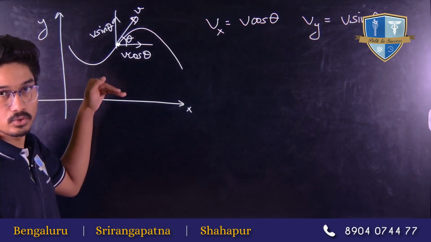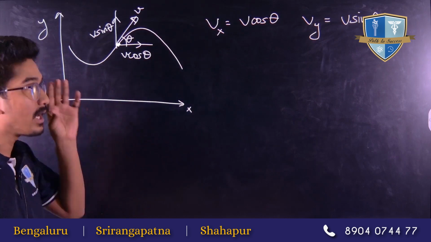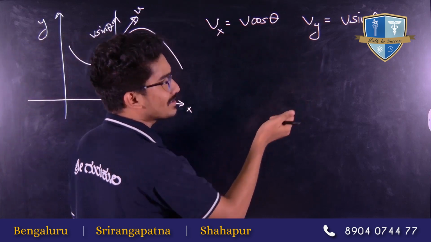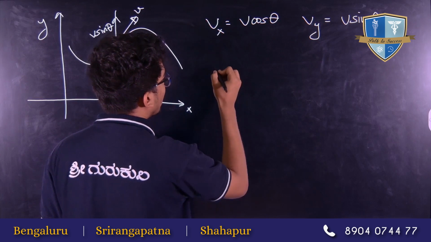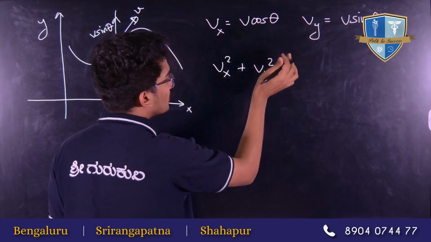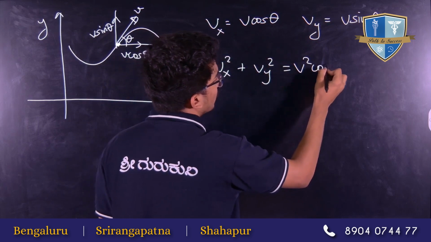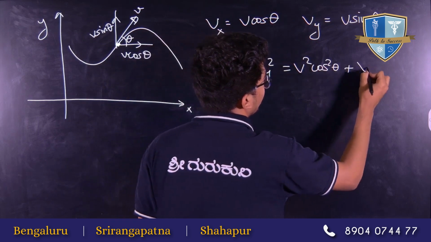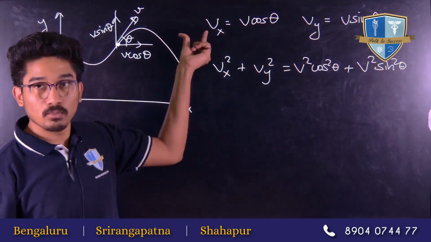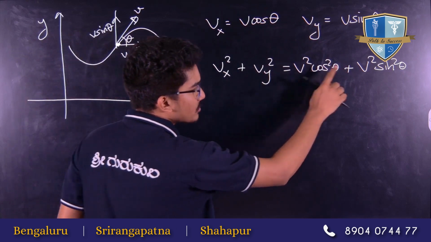Now what will be the resultant? Now we divided into two dimensions. We will do all our studies, and finally we will find the resultant. How will we find the resultant? See, if we square both sides and add the two equations, for example vx square plus vy square, it will be equal to v square cos square theta plus v square sin square theta. I can take v square common here.